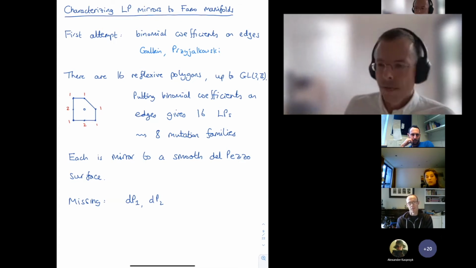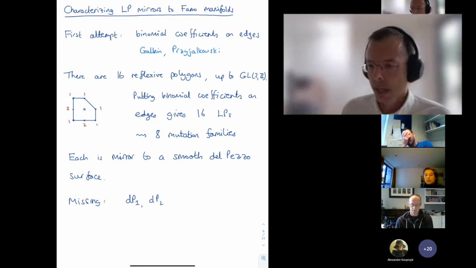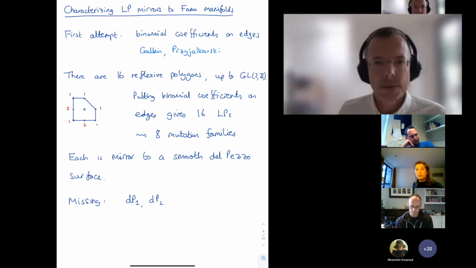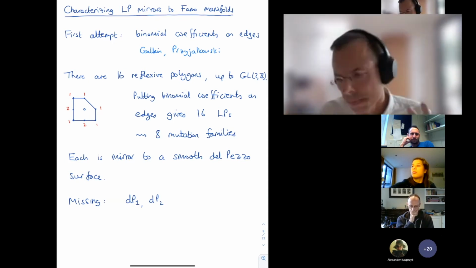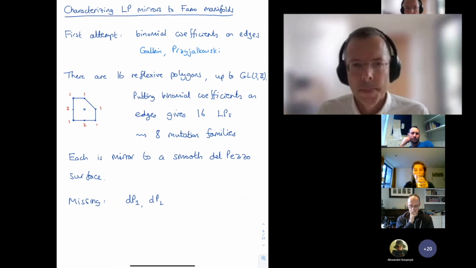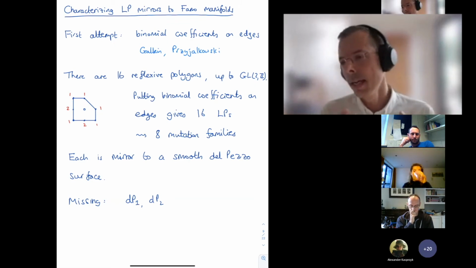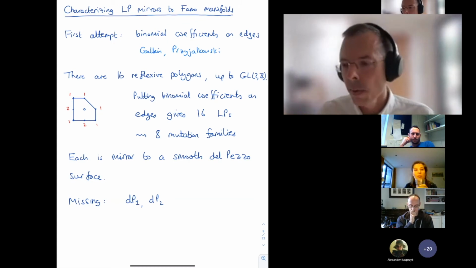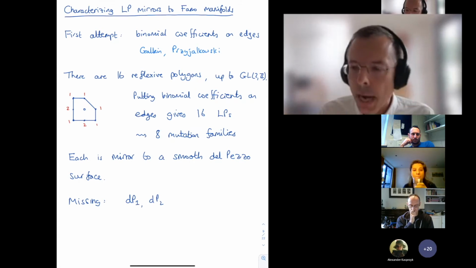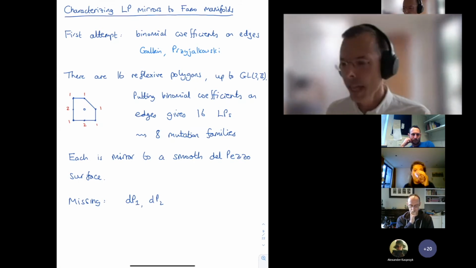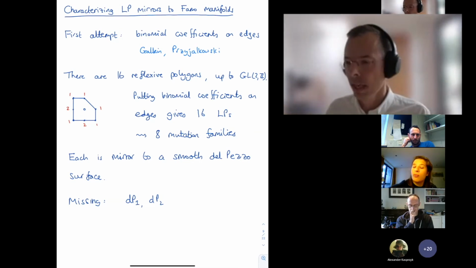The first systematic observation along these lines was by Galkin and Minkowski. Their observation was you do really well by putting binomial coefficients on the edges of your Newton polytopes or Newton polygons.